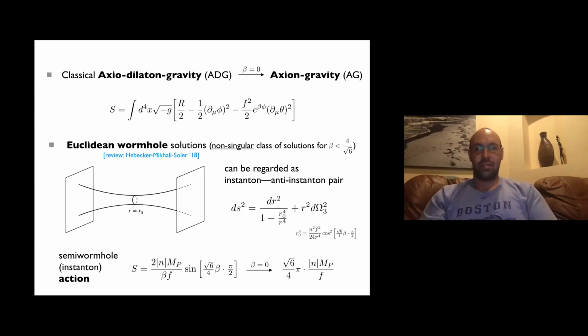This is the full wormhole, which can be interpreted as an instanton pair. The wormhole is asymptotically flat on both sides, and it has a so-called wormhole neck at a specific value of R, which is also the smallest value of R possible. And so this is the geometry.